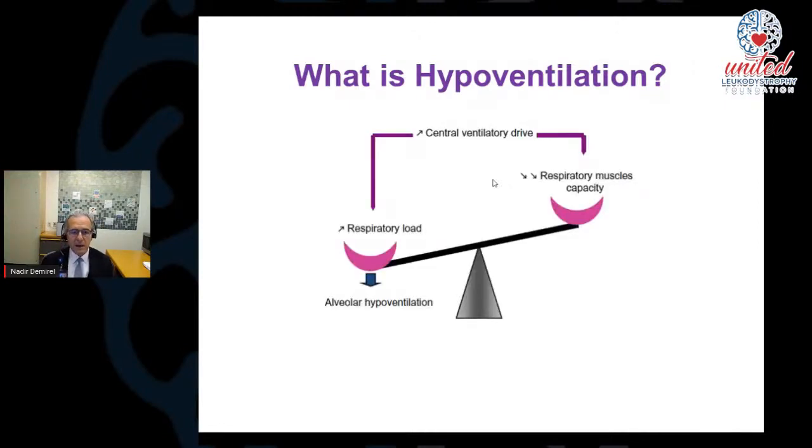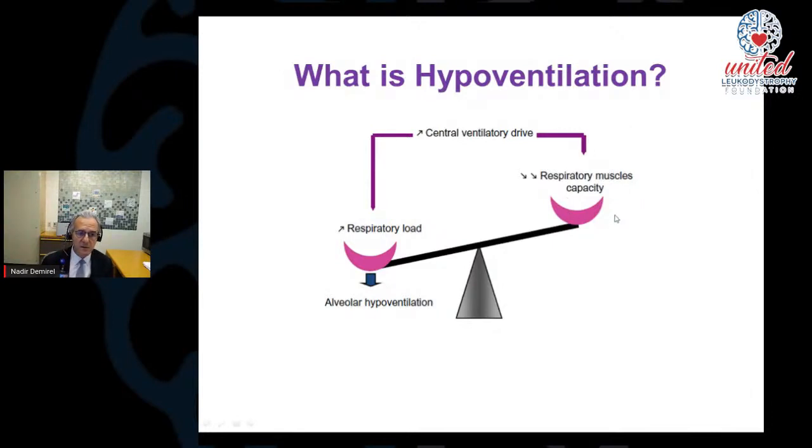So there is a balance in our body, and there are three components of it. This is a very important graph that summarizes that, which I took from a French publication published a couple of years ago. Basically, there is the respiratory muscle capacity.